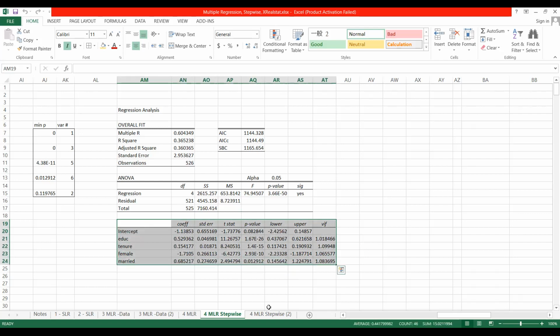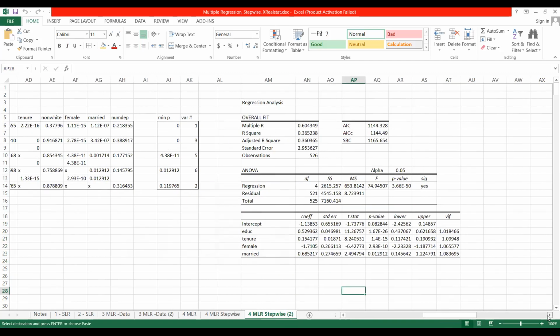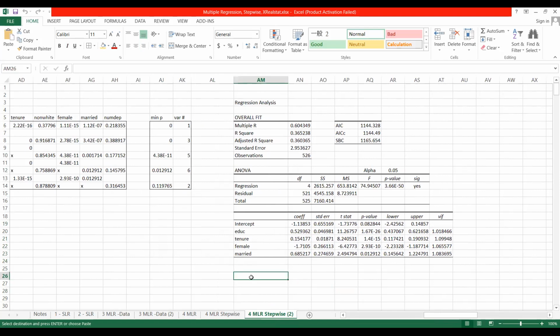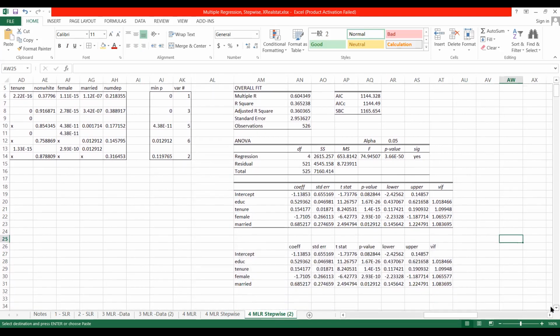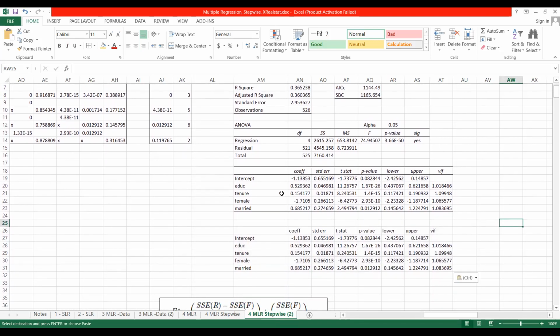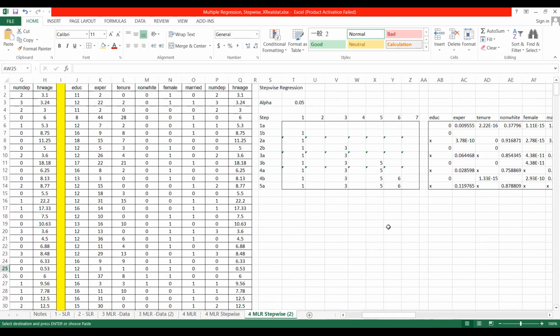Control C. I'll paste the values. Okay, if you take a look guys, parehong-pareho siya, no? Exactly the same guys yung output natin dito sa stepwise ni XRealStat.